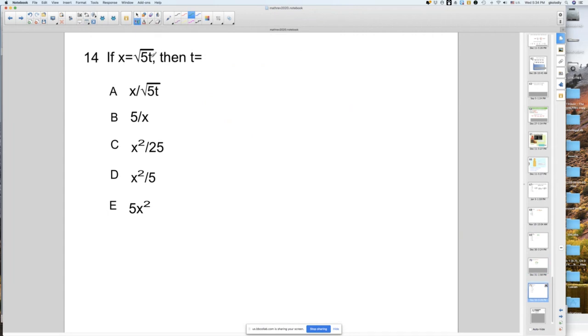How do you get rid of the square root? You have to square both sides. You square the left side, and you get 5t, not 5t squared, just 5t. Now you can solve for t by dividing both sides by 5. And of course, the answer is this.